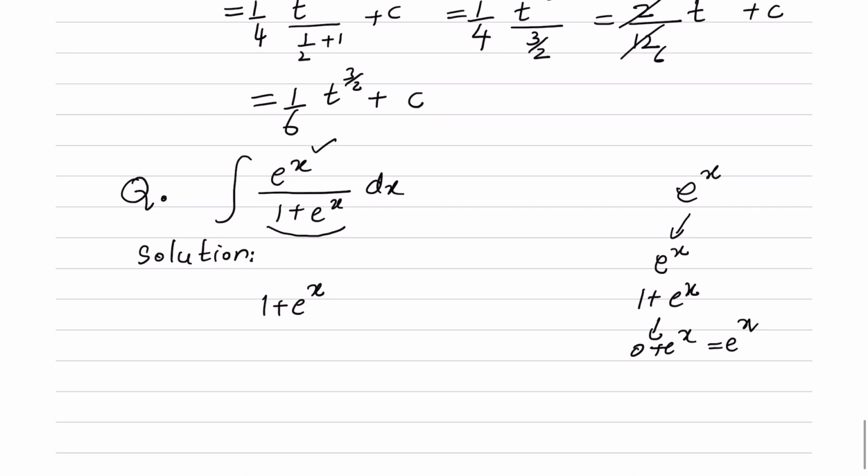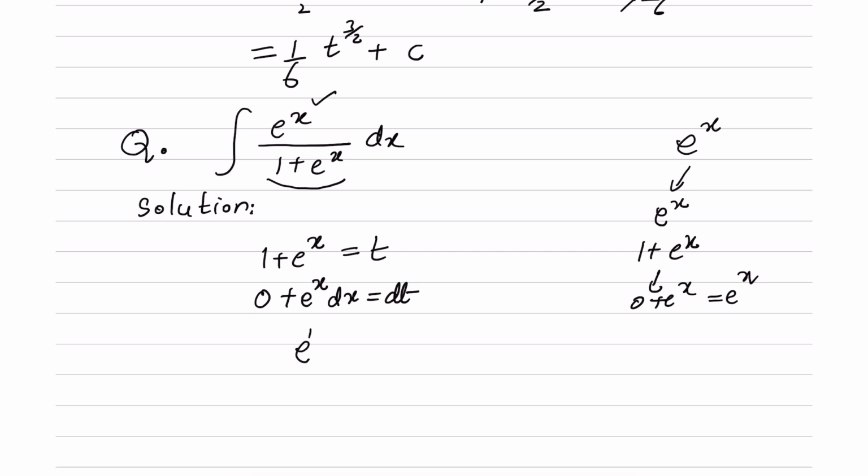So we'll go ahead with this substitution and put 1 plus e power x equal to t. The differential of 1 is 0. Differential of e power x is e power x, and then differential of x, which is dx, is equal to dt. From here the value of dx is dt by e power x.